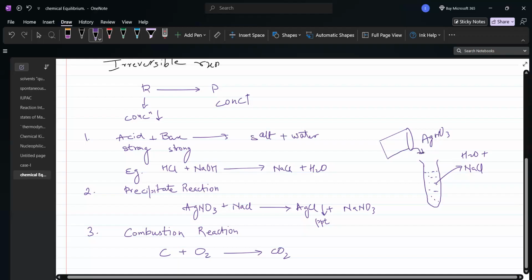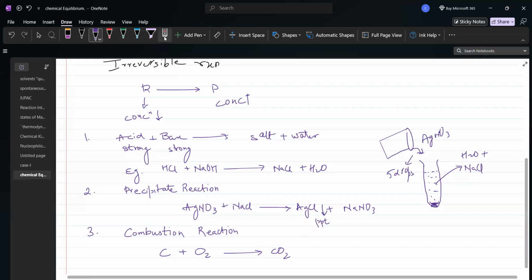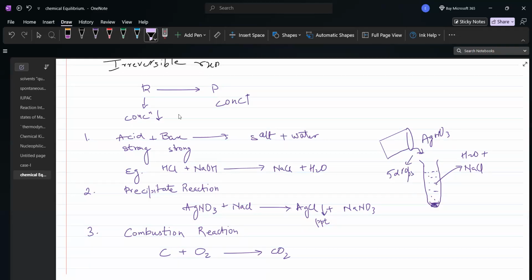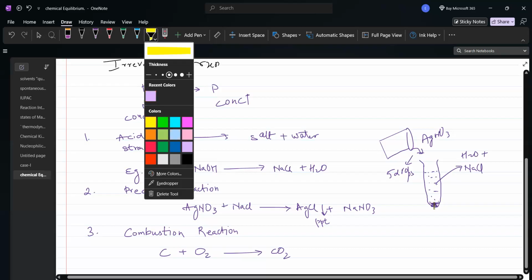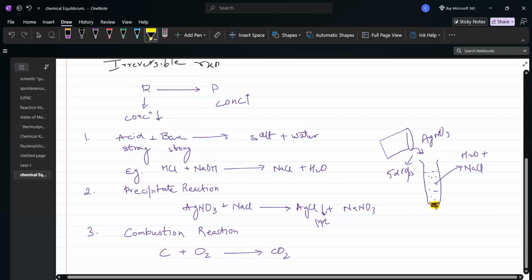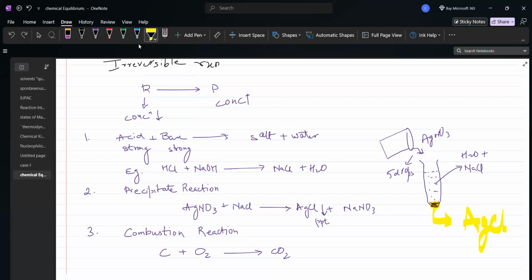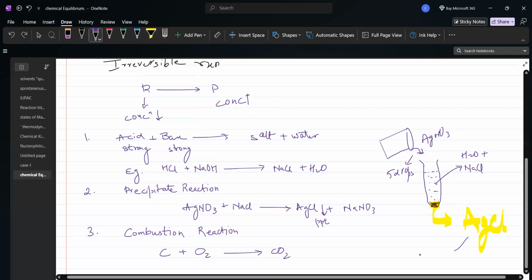The instant we have dropped like 5 drops of it, at that instant only we will see a yellow precipitate. Okay, we will see this yellow thing. So this will be AgCl. So we will get a yellow precipitate of AgCl, and this is a precipitate. What is the characteristic of precipitate? That they do not dissolve.